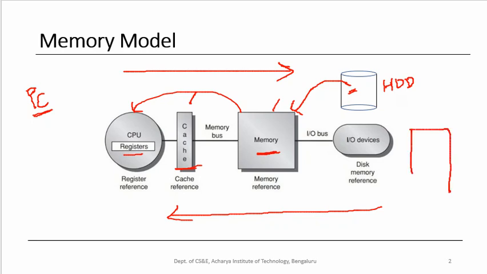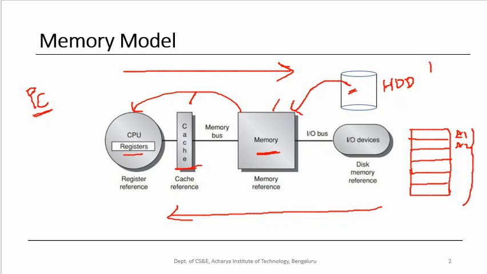And the main memory is divided into several memory locations, and each memory location is capable of holding a byte of data, and every memory location is identified by an address. The size of the address depends on the width of the address bus, and the storage capacity of the main memory also depends on the width of the address bus.